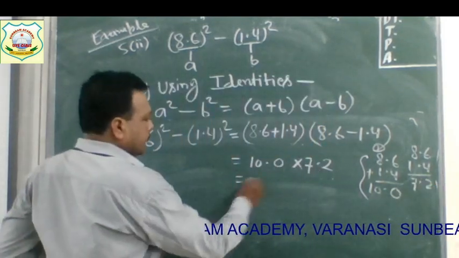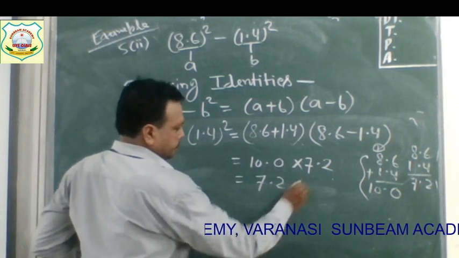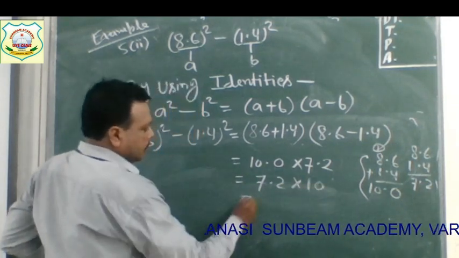Now 7.2 multiplied by 10, one decimal place is here, so only 72 will come.